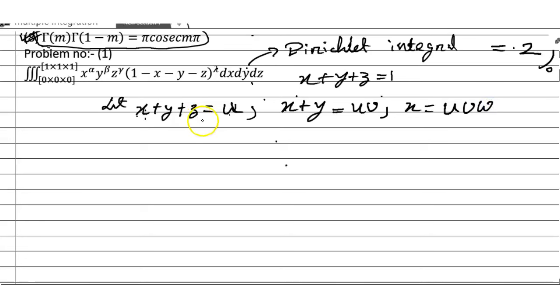After that friends, we can write this way, u is equal to x plus y plus z. So v equals x plus y divided by x plus y plus z.